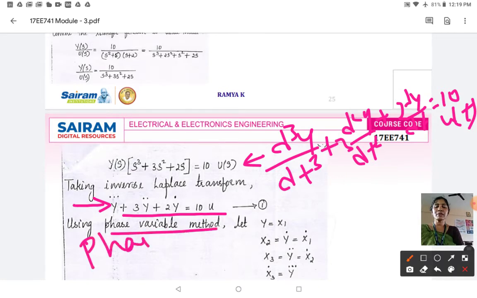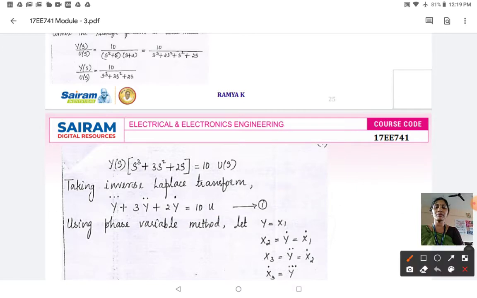Phase variable method means the first variable will be your system variable. Here the system variable is nothing but y. So x1 is equal to y. You consider the system variable to be the phase variable. Therefore x1 is equal to y, x2 is equal to y dot.